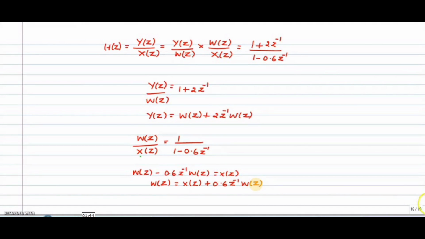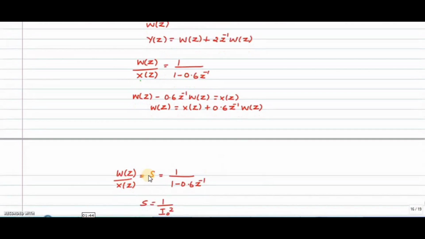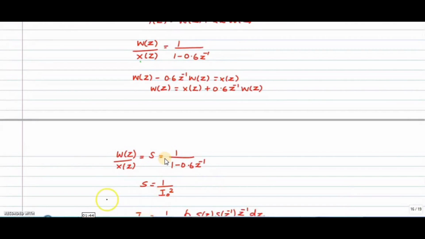Okay, so simply I can write S is equal to 1 divided by 1 minus 0.6 z power minus 1, and we know that S square is equal to 1 divided by I naught. So here I am going to first find the value of I naught, and this represents S of z.